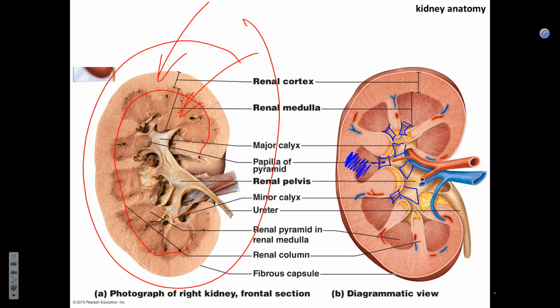And then from major calyx, it enters the renal pelvis. That makes sense? So, renal pyramid, minor calyx, major calyx, renal pelvis.